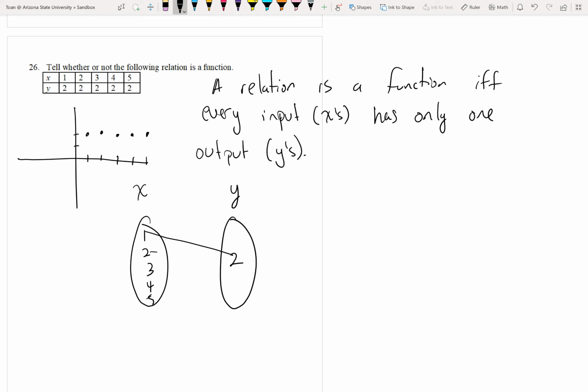So 1 relates to 2, 2 relates to 2, 3 relates to 2, 4 relates to 2, 5 relates to 2. Notice how if you focus on the x's, because the definition of a function only cares about the x's, there's only one line going out of every single x value, which means they only have one y value, which is the definition of a function. So yes, it is a function.